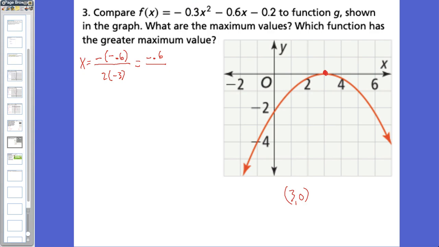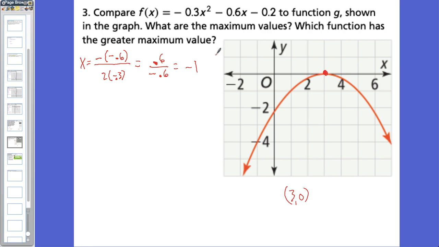Oops, I wrote negative. I don't know why. Let's try that again. So negative negative is positive, so it would be 0.6. And then this one would be 0.3. So 2 times negative 3 would be negative 6. So positive 0.6 divided by negative 6 is negative 0.1.